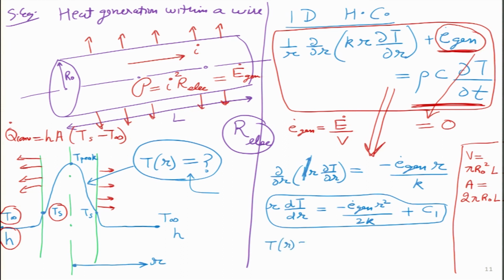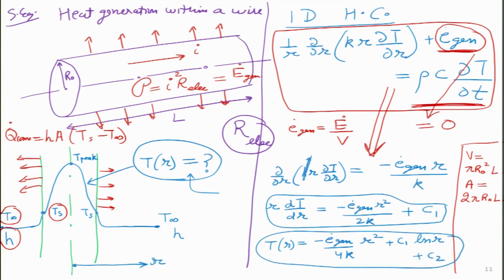I will get T of r equals minus E dot gen r square by 4k plus C1 ln r plus C2, which means I am looking at two constants for which I want to figure out two boundary conditions.